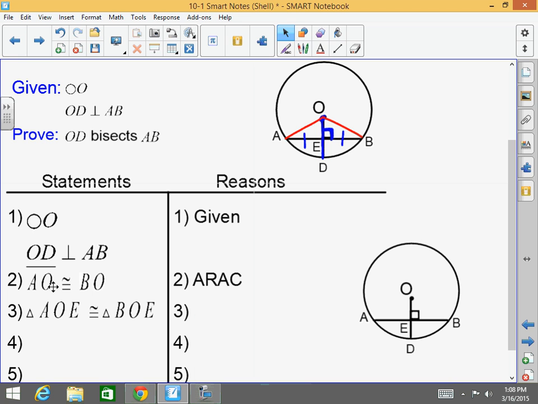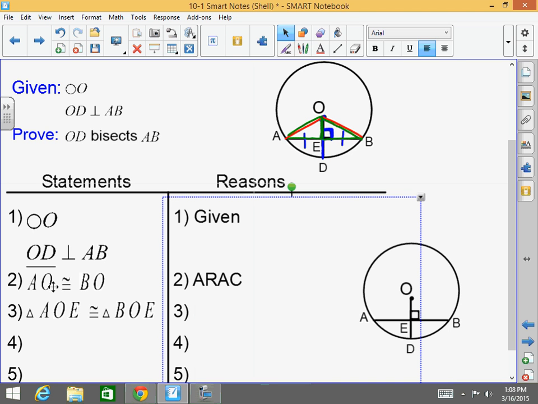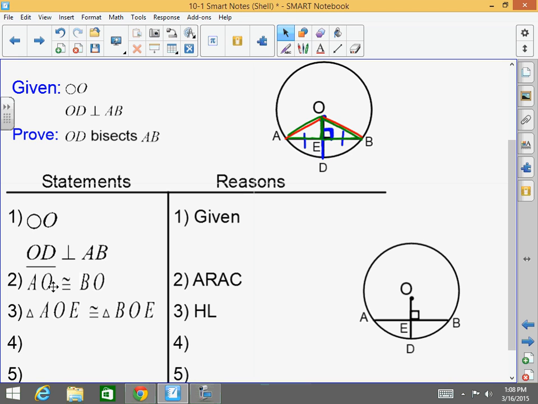Number 3, triangle AOE, this guy right here, is congruent to triangle BOE right here. Why? Because of HL, hypotenuse leg, right? You have these two hypotenuses congruent, and you have OE, which is reflexive, and that's congruent.